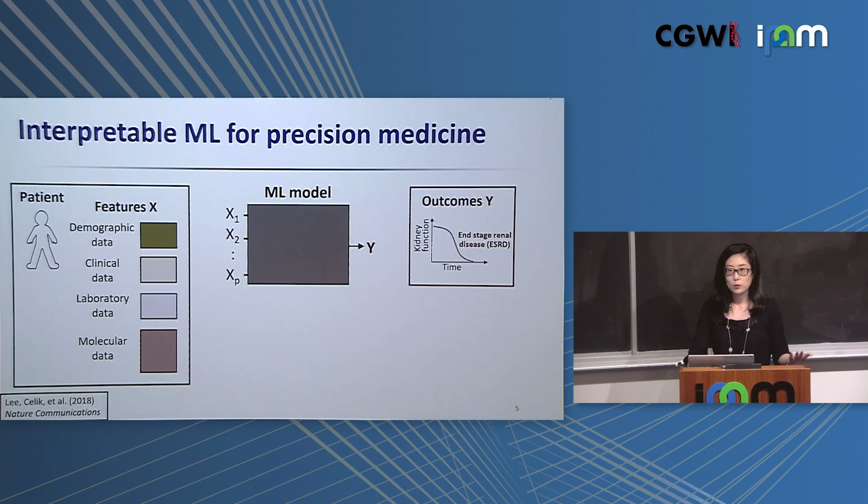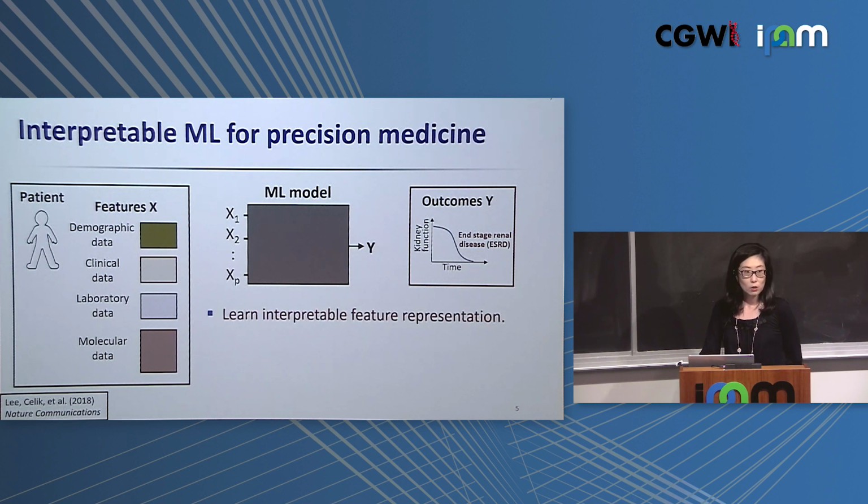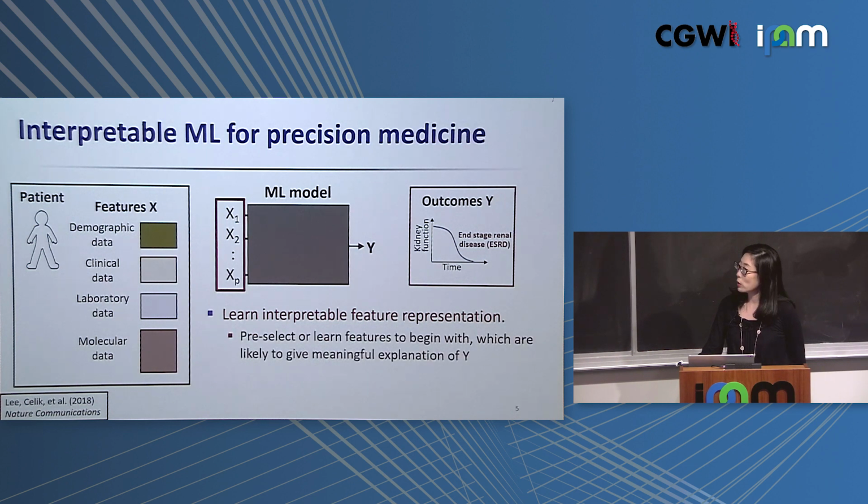This led me to identify the following two problems. First, learning interpretable feature representation based on our prior knowledge. We want to pre-select or learn features to begin with, especially when you use high-throughput molecular data as some of the input features, such that these features are likely to give some meaningful explanation of the outcome in an unsupervised manner.